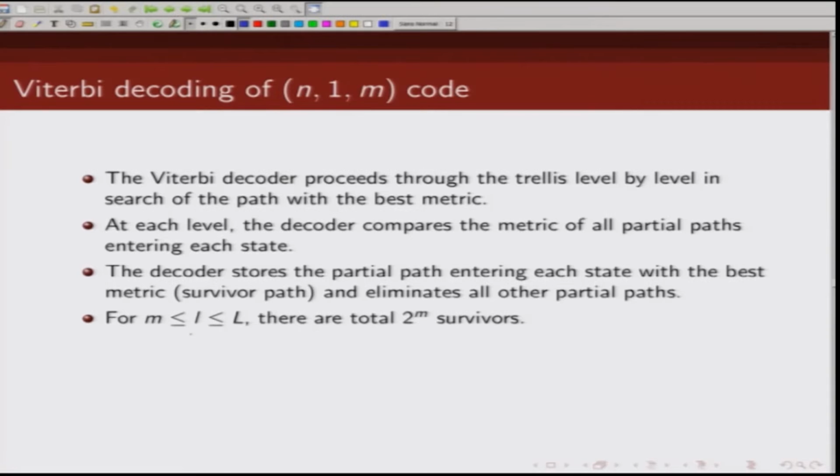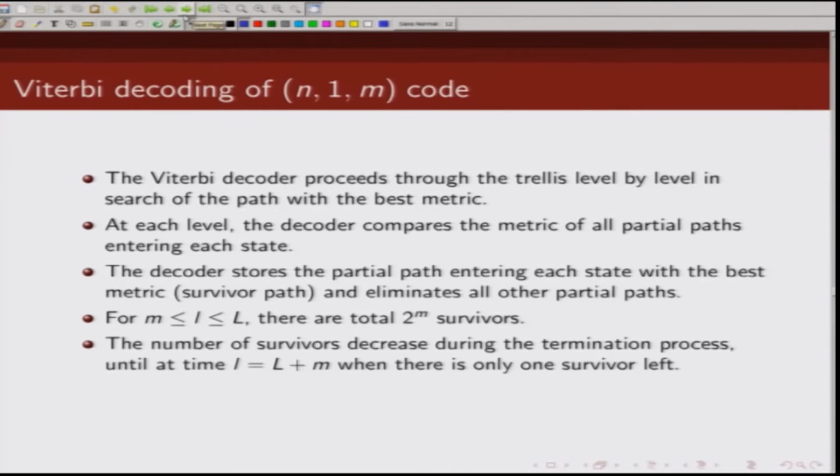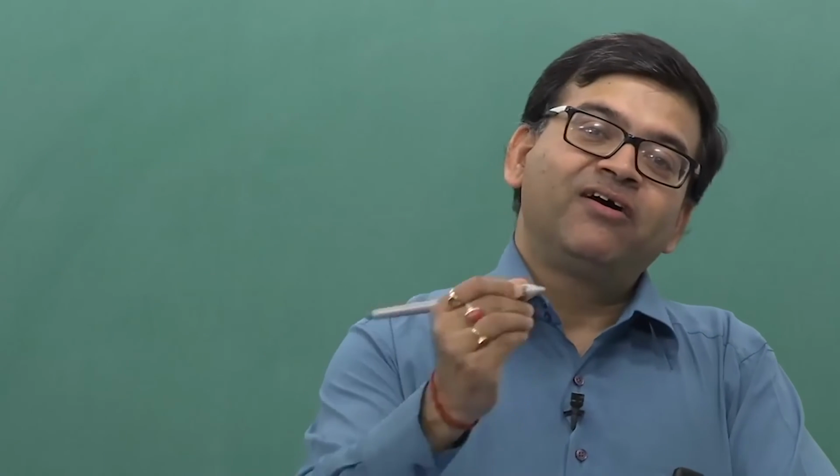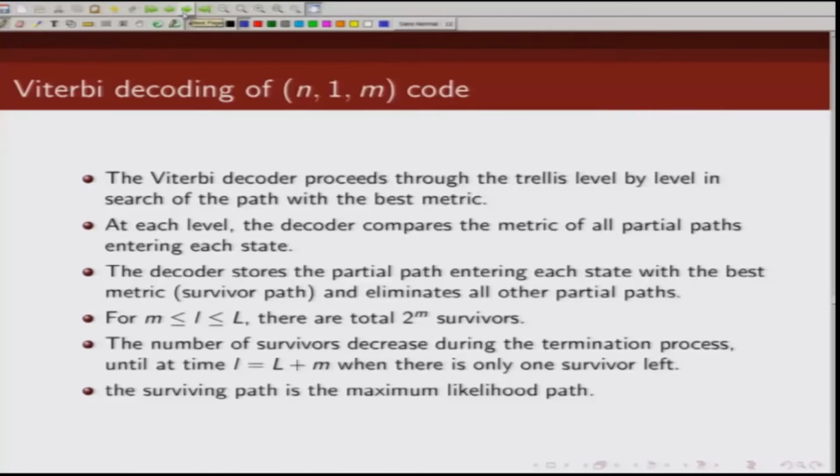So, for time instance L between m and L, there will be a total of 2^m survivors, and during the termination process the number of survivors will diminish until we reach the final all 0 state, where we will be left with only one survivor. Then we backtrack to get back our decoded path or decoded code word.